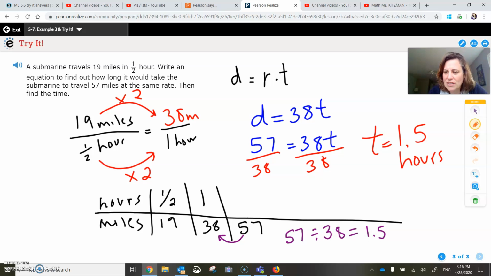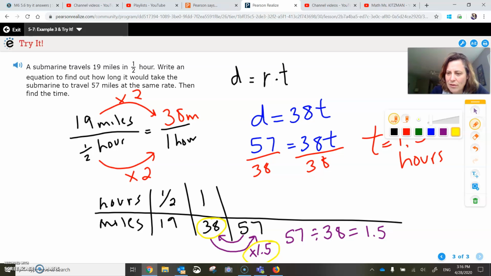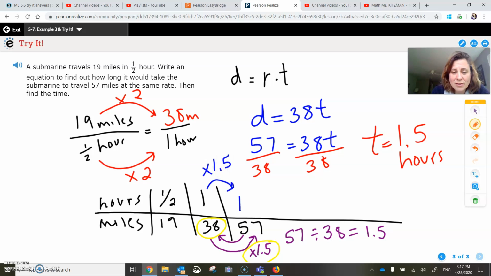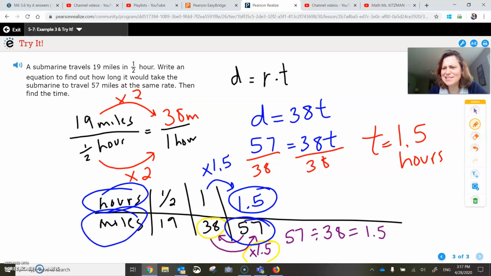So basically what we just figured out is if we wanted to get from 38 to 57, we would multiply it by 1.5. 38 times 1.5 is 57. And whatever we multiply the bottom by, we also have to multiply the top by. 1 times 1.5 is 1.5. So in 1.5 hours, this submarine has traveled 57 miles. It was a little tricky.